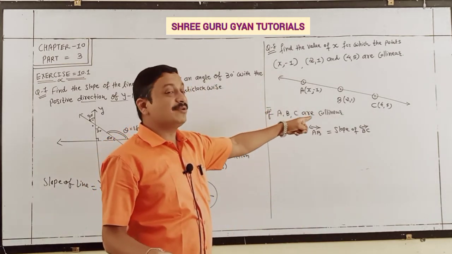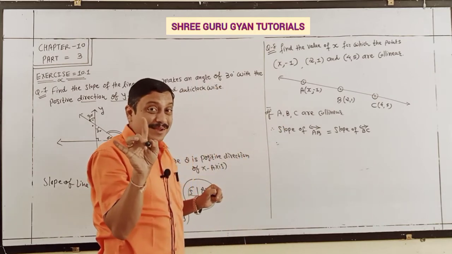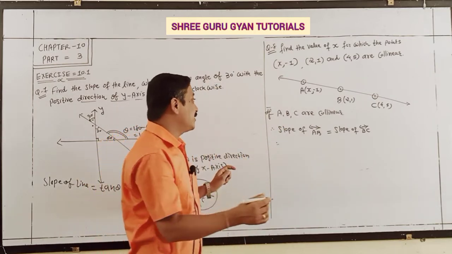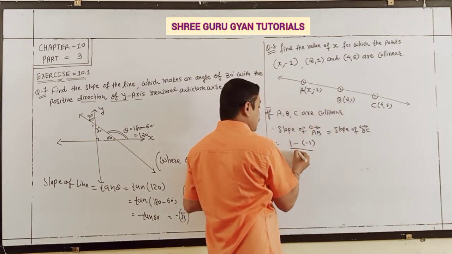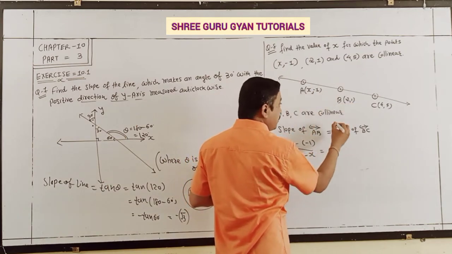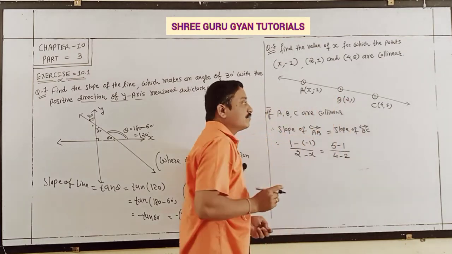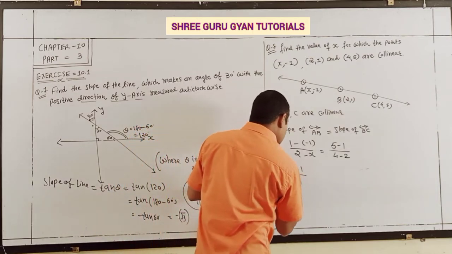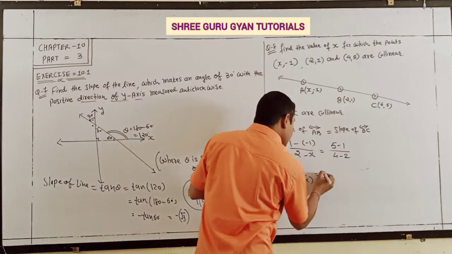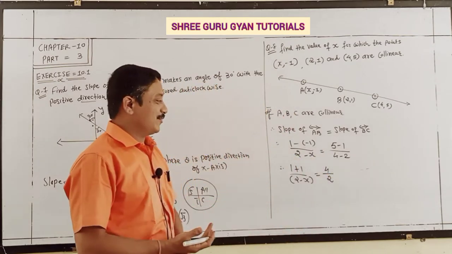Now between A and B apply the slope formula. Apply for the slope: y2 minus y1 by x2 minus x1, 1 minus minus 1, that y and this y, upon 2 minus x, same as 5 minus 1 by 4 minus 2. So here 1 plus 1 by 2 minus x, here 4 by 2, 5 minus 1 is 4, and 4 minus 2.